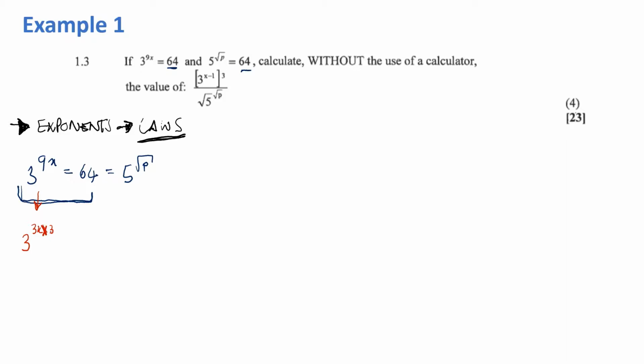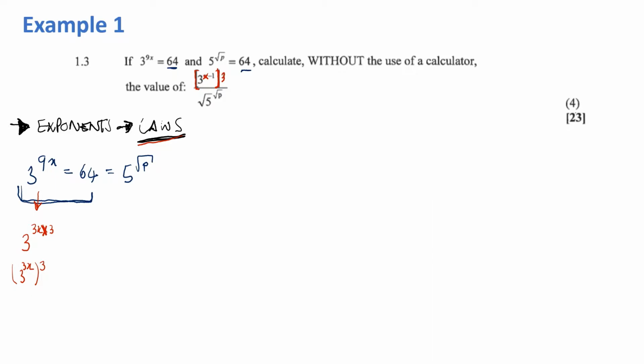The reason why I say that is because what they're asking here is to give the solution in terms of something in the brackets with only an x there to the power of 3. Okay, so you know this is legal because you know your exponent laws. And even stronger, I'm going to write this a little bit more elegantly: 3 to the power of 3x, to the power of 3. Okay?